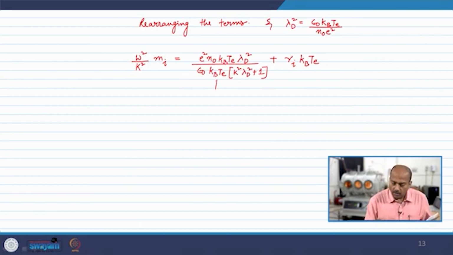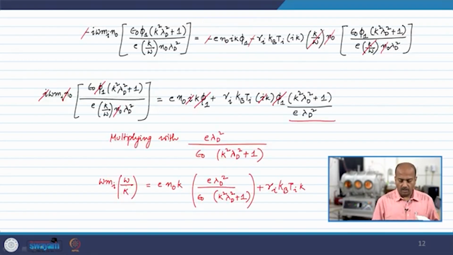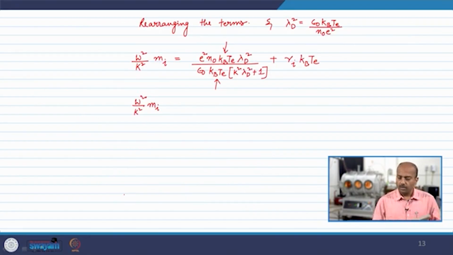So here kBTe is multiplied onto numerator and denominator just to get that lambda_D square. So omega square by k square mi is still there on the left hand side. You take one k from here and bring it to the left hand side. You have omega square by k square times mi is equal to all this e square n naught by epsilon naught kBTe.